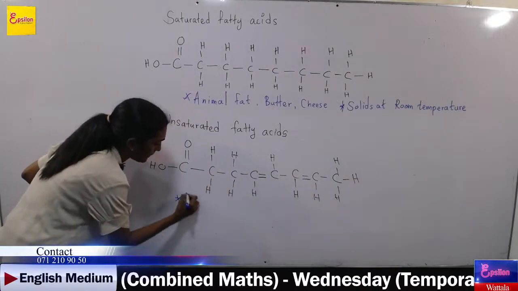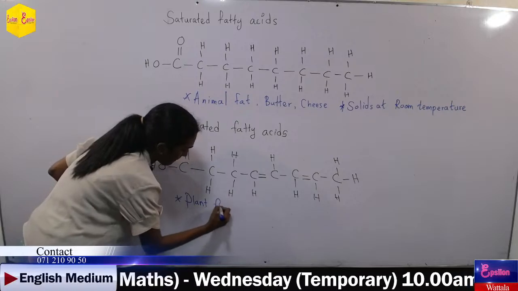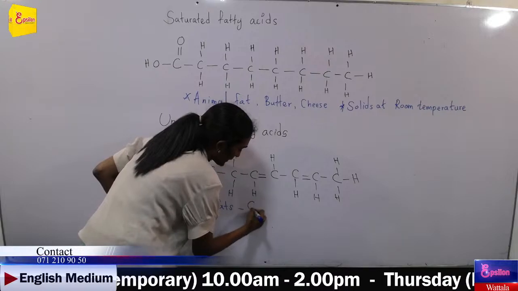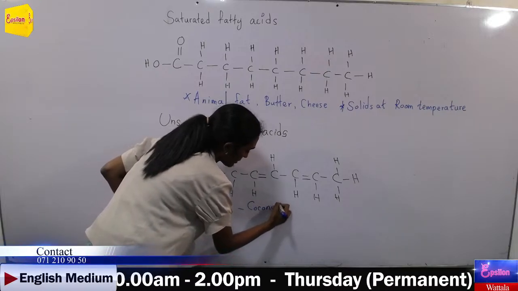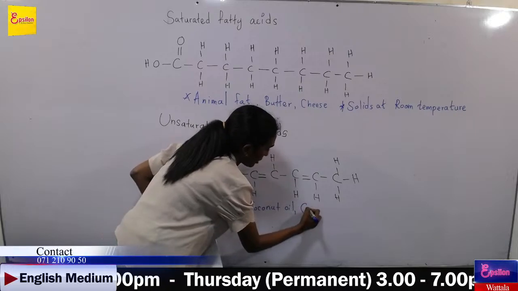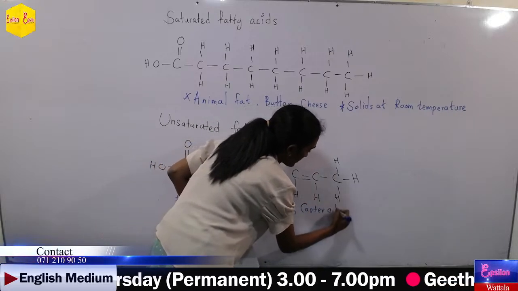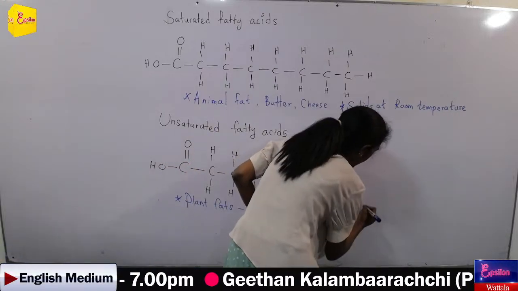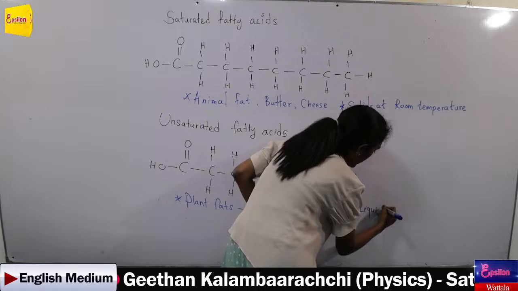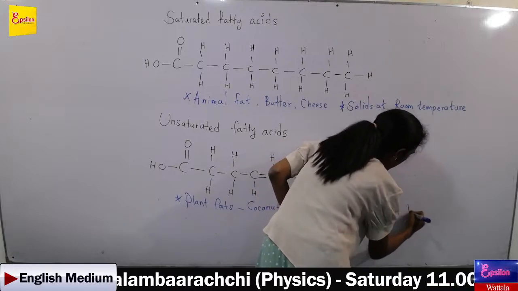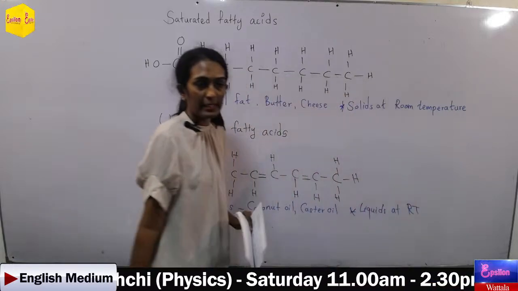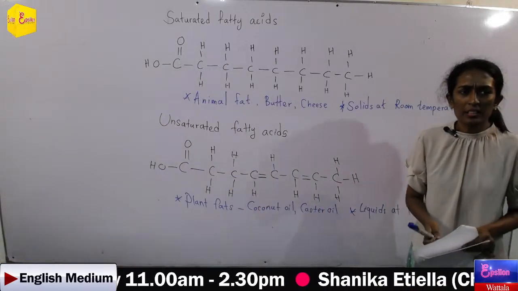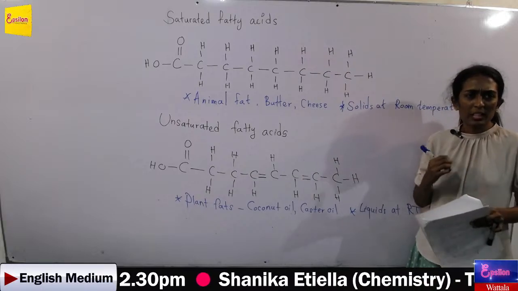Then these are plant fats. Examples are coconut oil or else castor oil. Correct? Those are examples. They are liquids at room temperature. Then what about margarine? Have you heard about the ingredients of margarine? What are we using? Vegetable oil.